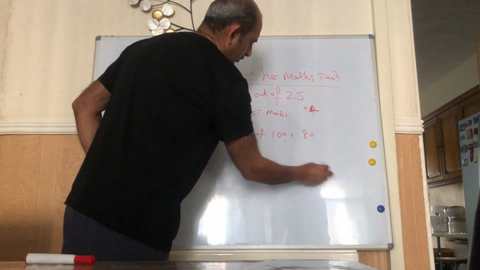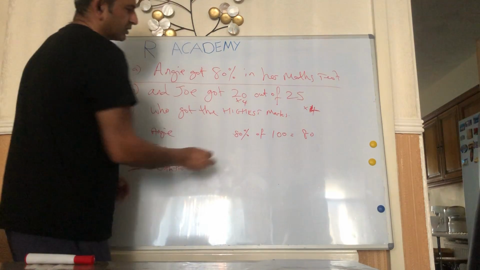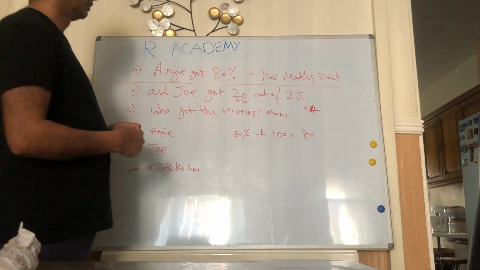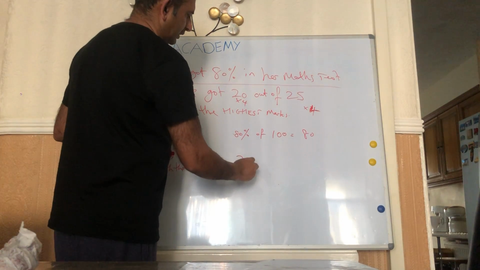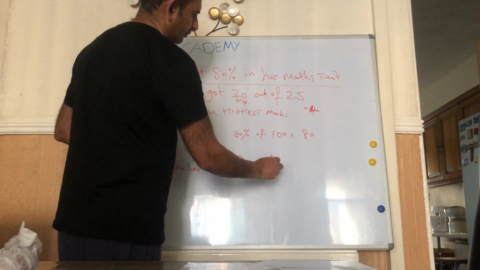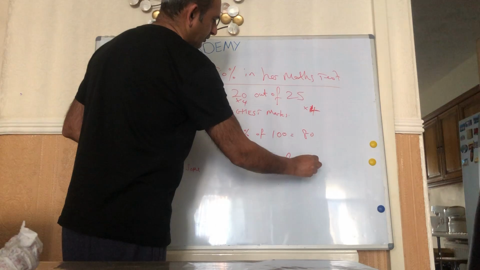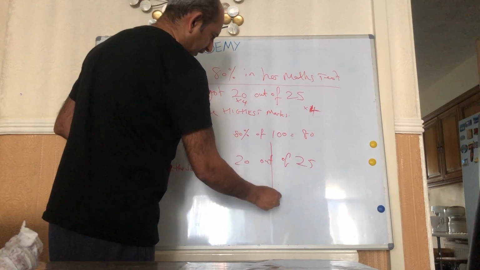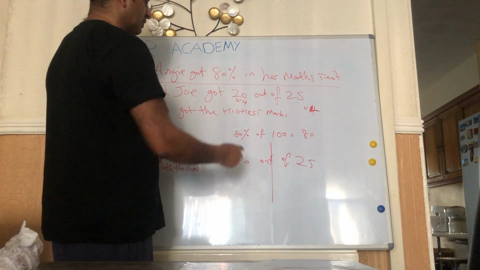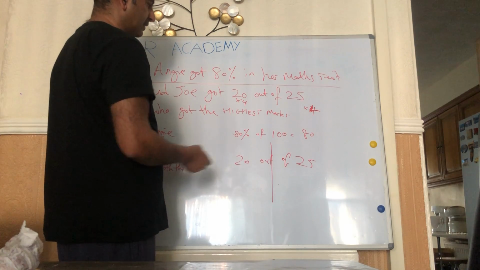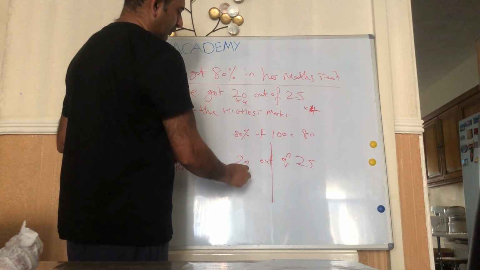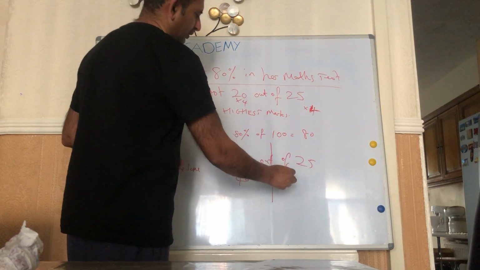You could even just split it in half. So you could do 20 out of 25, split it in half like that, and just experiment with it. Let's say okay, we double this one is 40, double that one is 50.